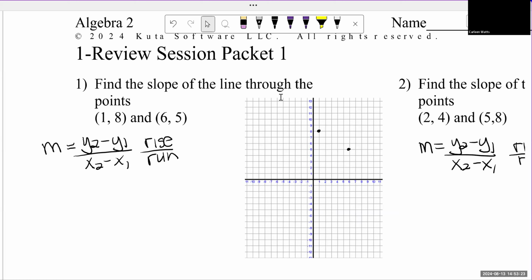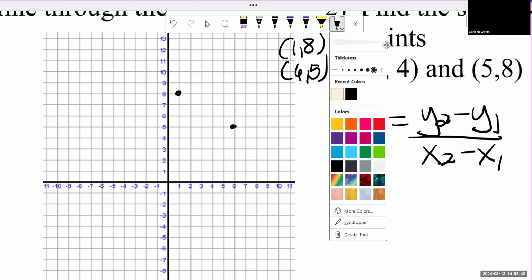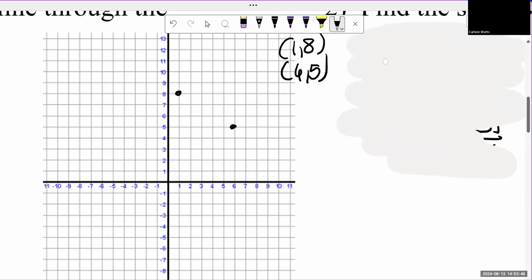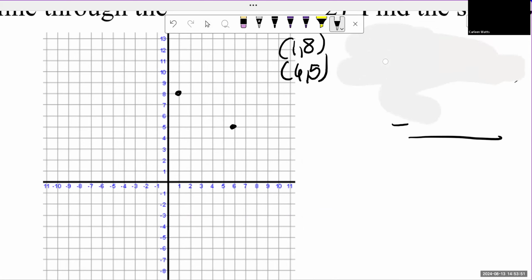So we are graphing (1, 8) and (6, 5). Okay, so we have (1, 8) and (6, 5).